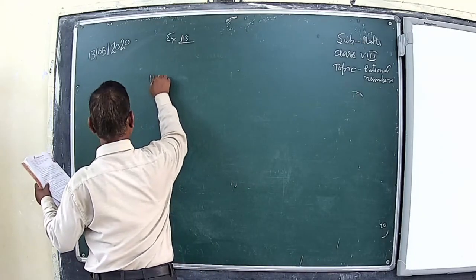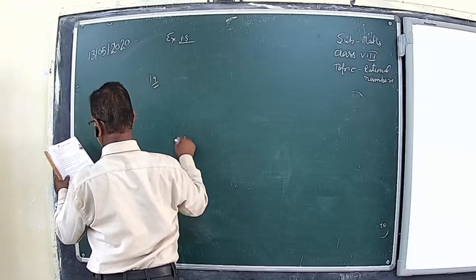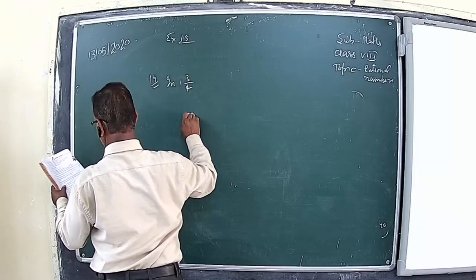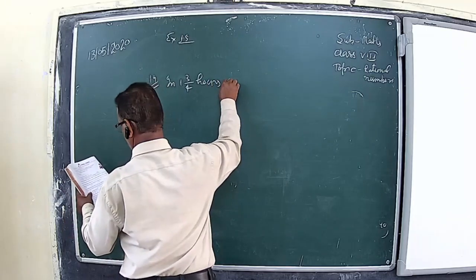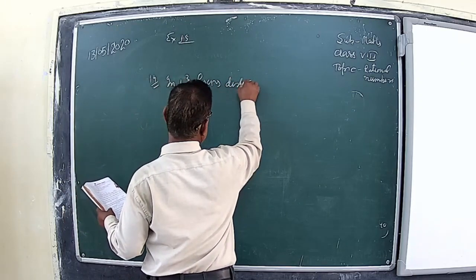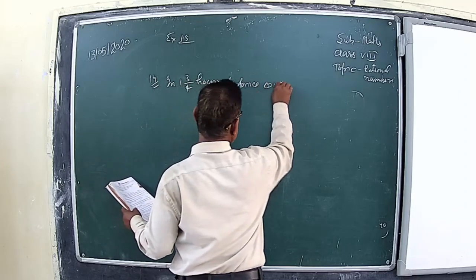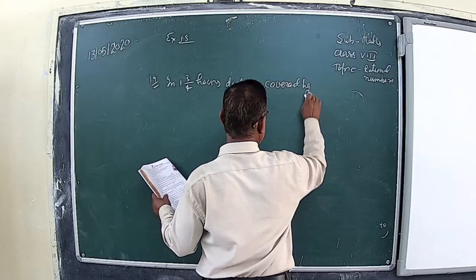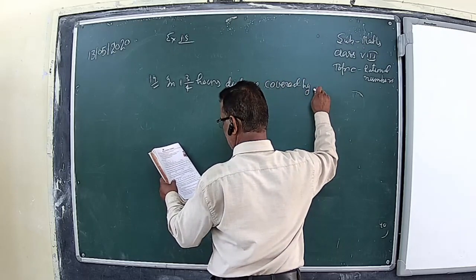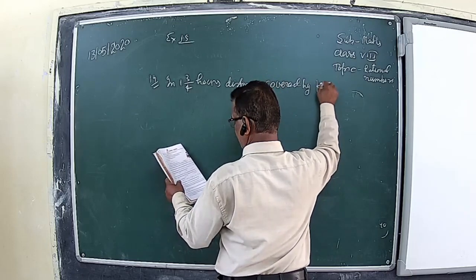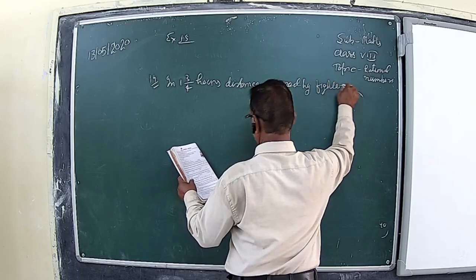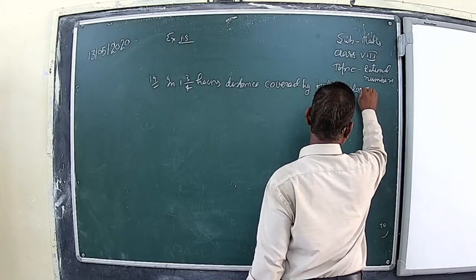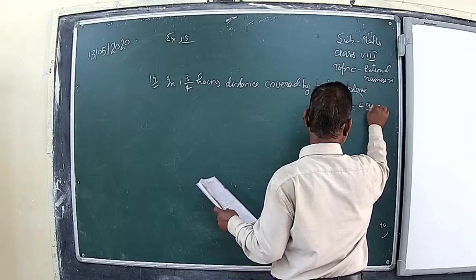Question number 14. In one whole 3/4 hours, the distance covered by the fighter plane is equal to 490 kilometers.